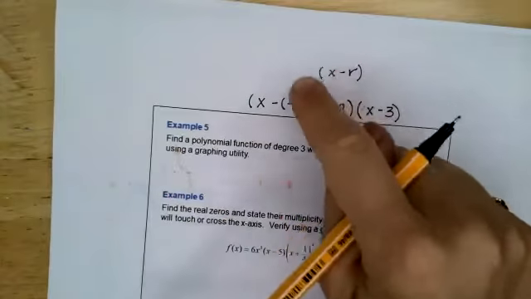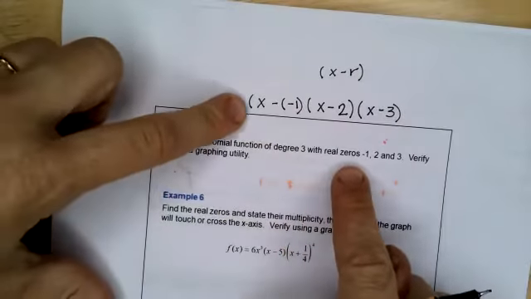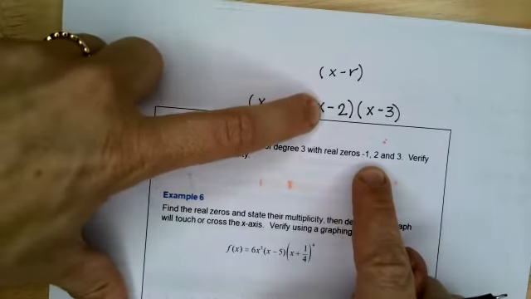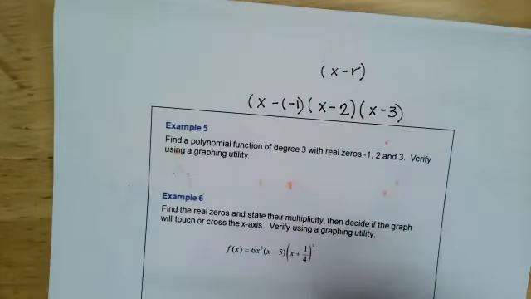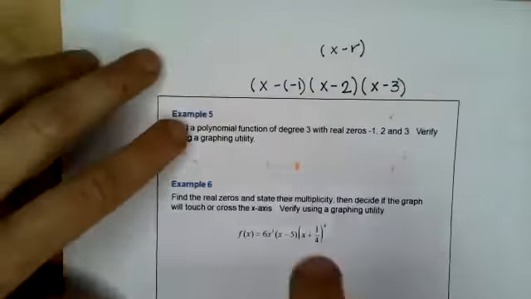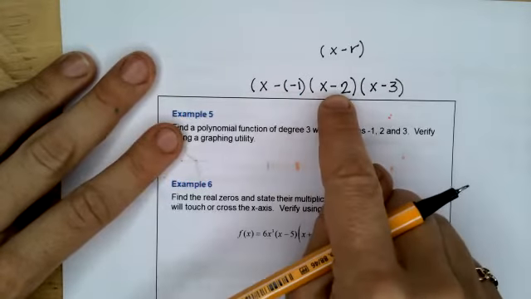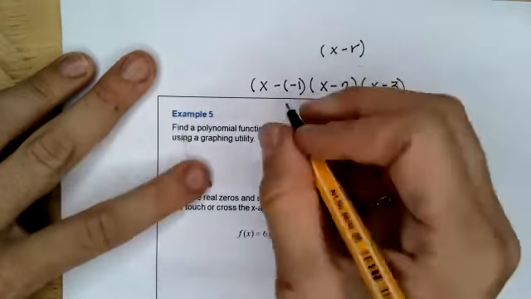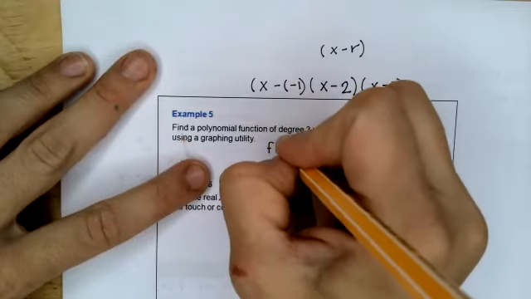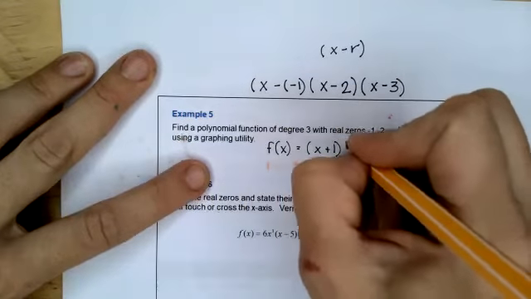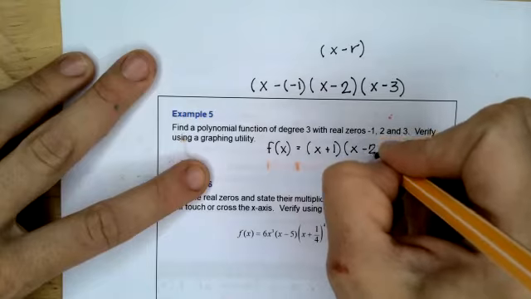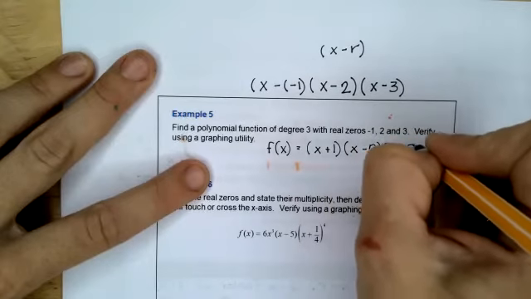According to this formula, I just put in -1, 2, and 3 for my r's. x minus -1 times x minus 2 times x minus 3 can be simplified to x plus 1 times x minus 2 times x minus 3, right?